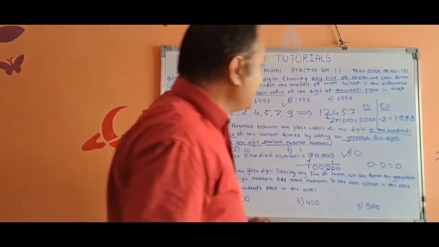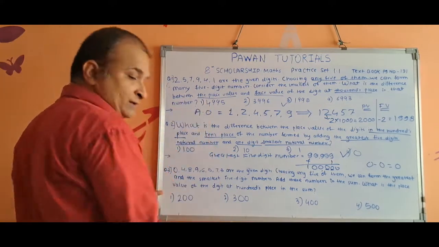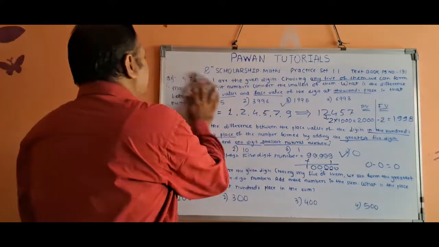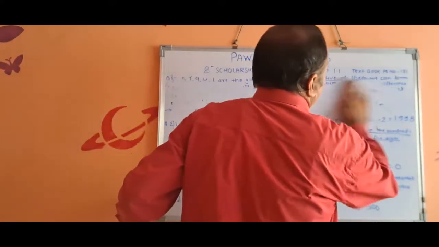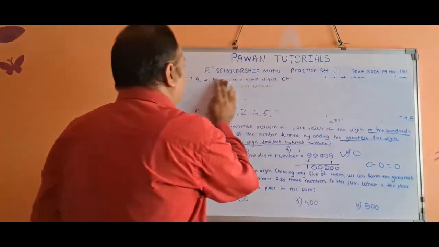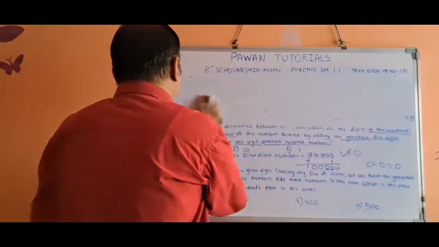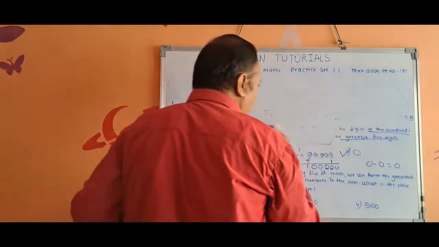Okay, now let me erase the board in order to show the working of this particular question. Okay, just a second. Okay, students, tell me, in order to form the greatest number from the given digits, which order will you follow?